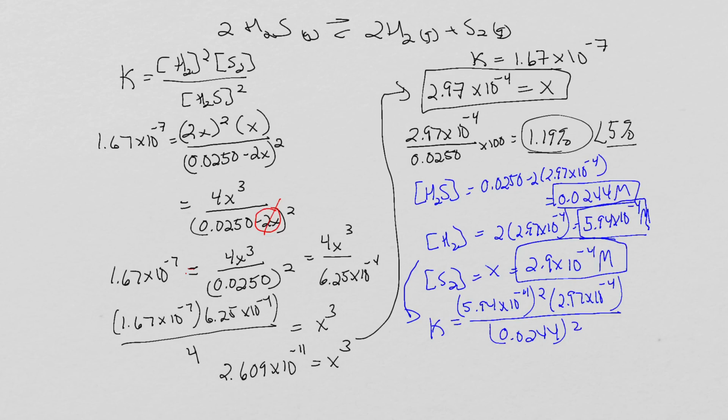So if we do all that, we should get a K that equals 1.76 times 10 to the minus 7, which we can see is the same K, or basically within reason the same K that we were provided.